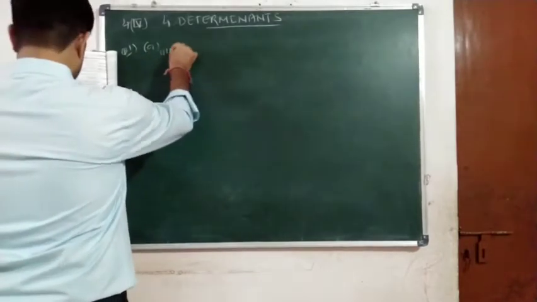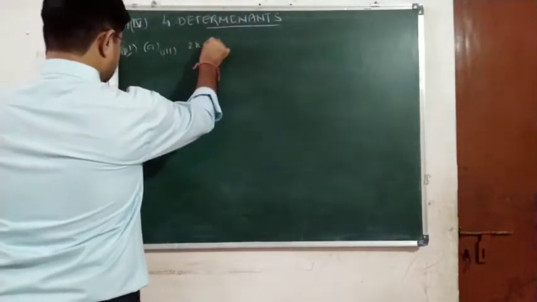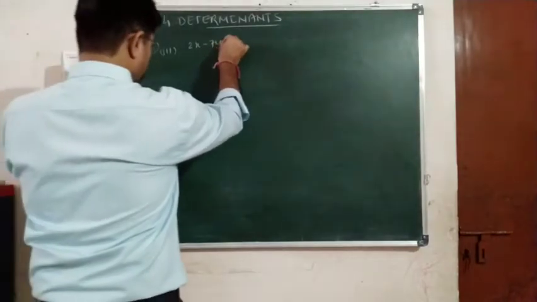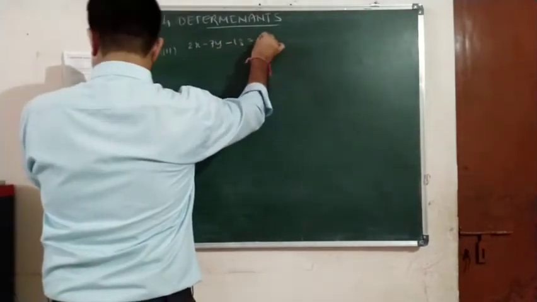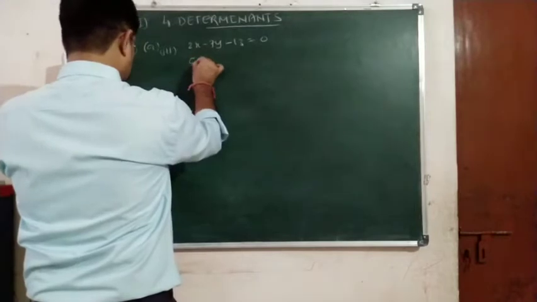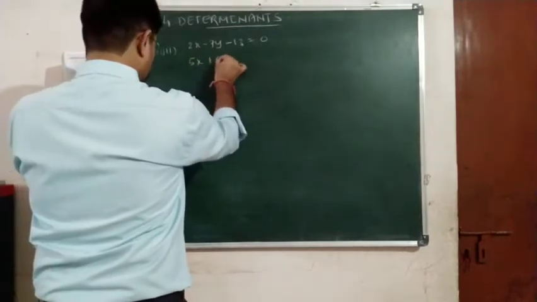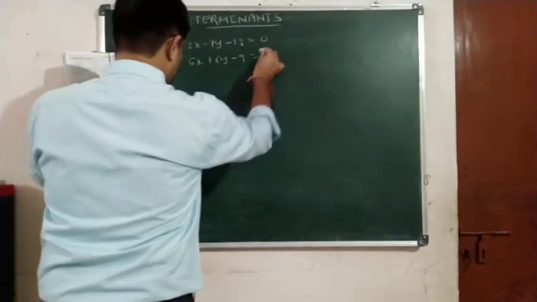Third one: 2x minus 7y minus 13 equal to 0 and 5x plus 6y minus 9 equal to 0.